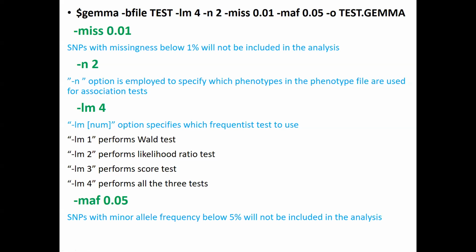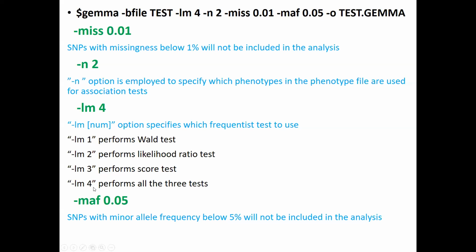-lmm follows the option specifying which significance test to use. For example, this one performs the Wald test, this one performs the likelihood ratio test, and the third one performs the score test.